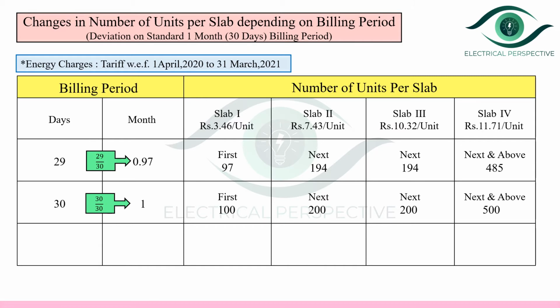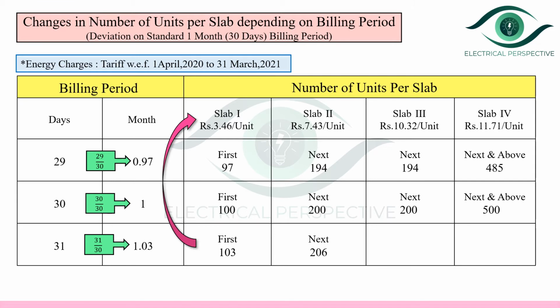Now let us consider if your billing cycle is of 31 days. Therefore, 31 by 30 gives you a 1.03 month billing period. So instead of 100, the first 103 units will be considered under slab 1 and charged accordingly.